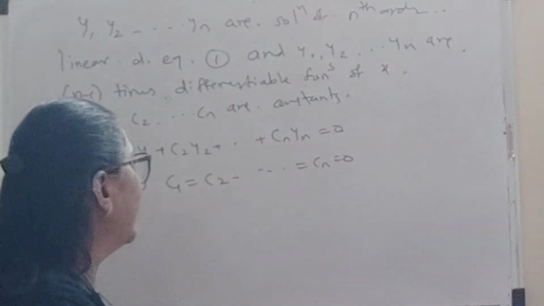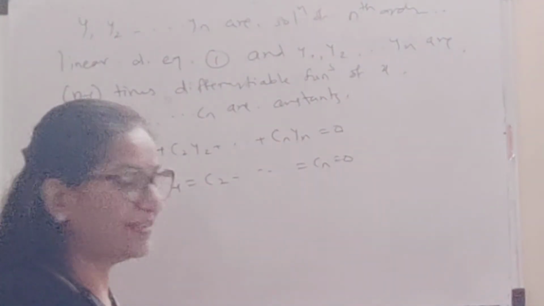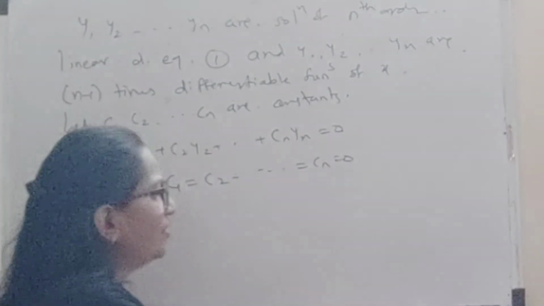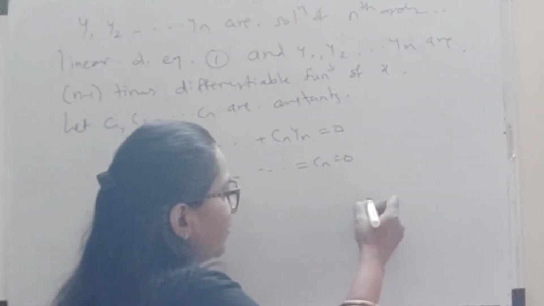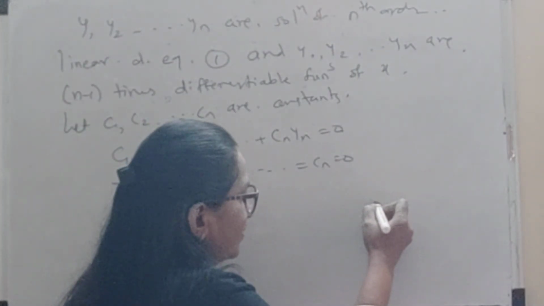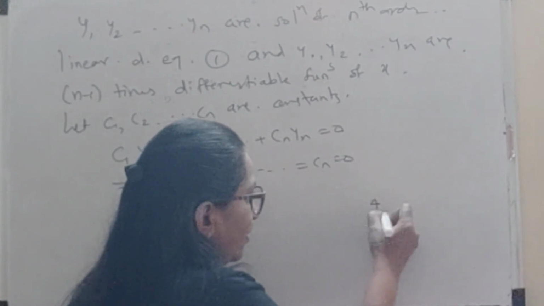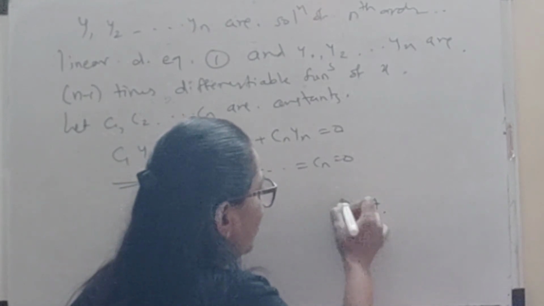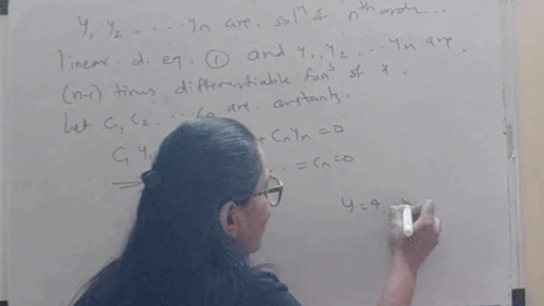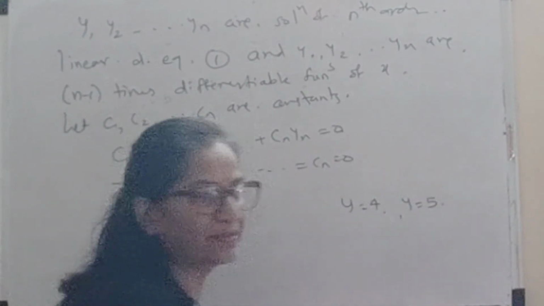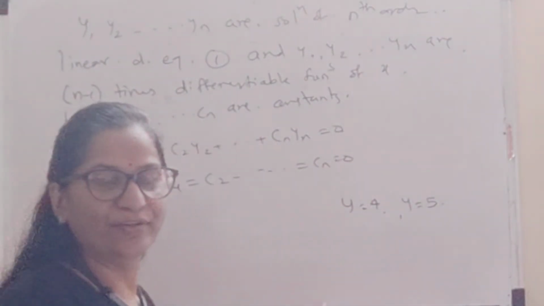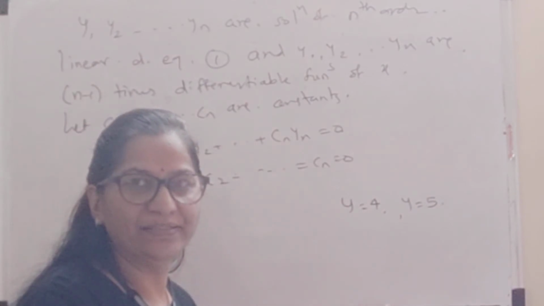Any example? We take a simple example. Suppose y is equal to 4 and y is equal to 5. Are these solutions linearly independent?